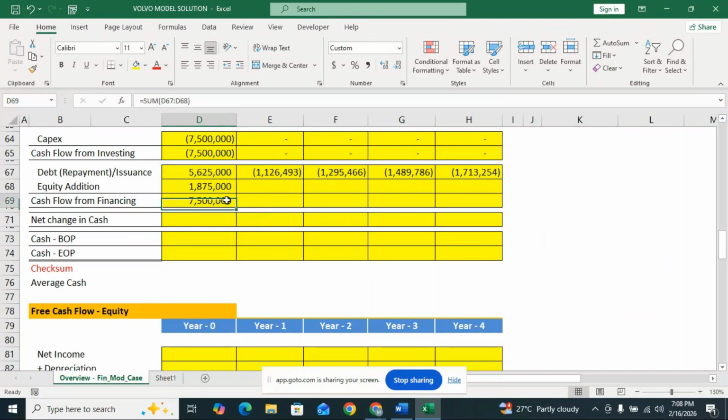And for the rest you can just drag it. So complete the calculation of cash flow from financing activities.